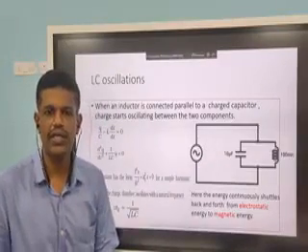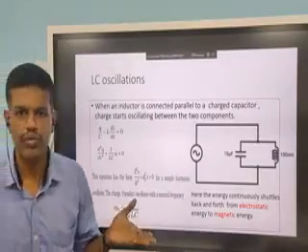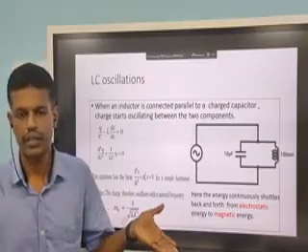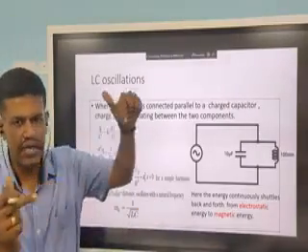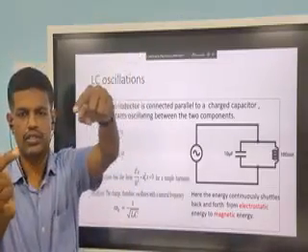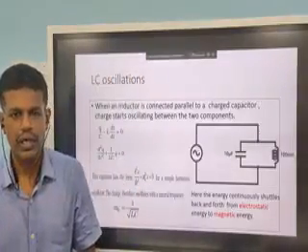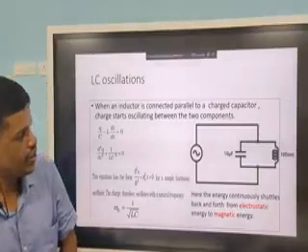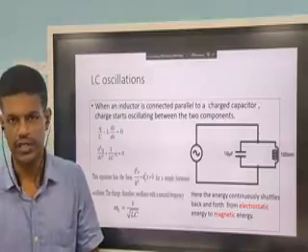But then the inductor develops back EMF. This will be in the opposite direction. So back EMF will again charge the capacitor. Then again the capacitor discharges. So we can say energy is continuously shuttling between capacitor and inductor.